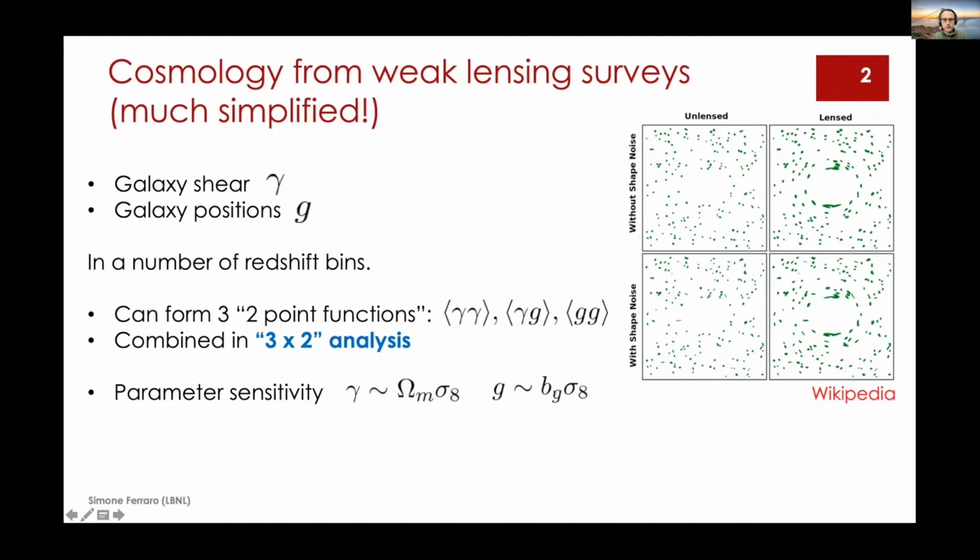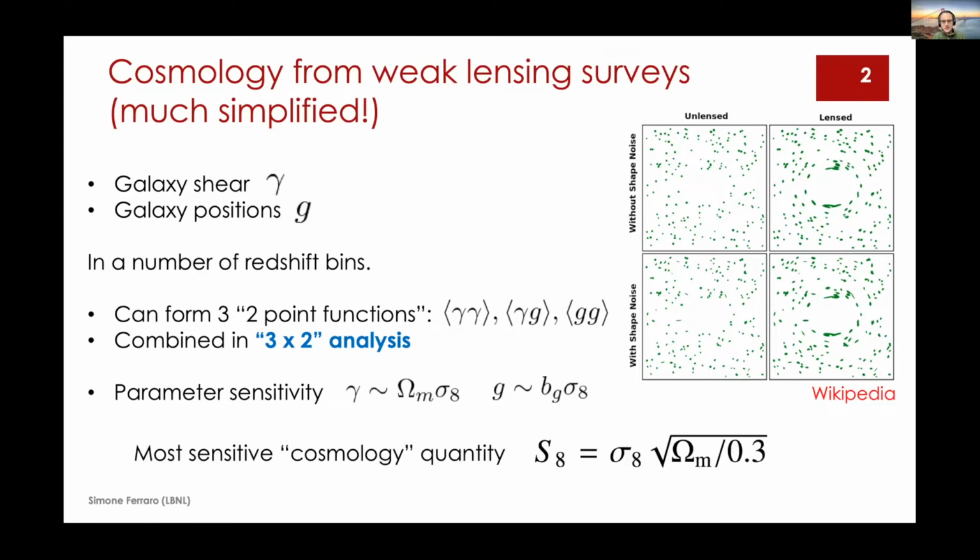If you make combinations for which the galaxy bias is marginalized over, because we don't consider it a fundamental cosmological parameter, you see that these combinations are primarily proportional to the quantity S8, which is sigma 8 times the square root of omega matter. And indeed, this is the quantity that galaxy lensing surveys are most sensitive to, as we'll see in the next slide.